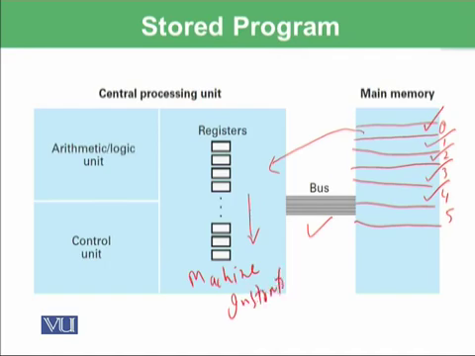That machine instruction is then decoded to understand what this program actually wants to do. The first instruction was to get the data from RAM. The data would be somewhere here, for example at position 100. This instruction will fetch this data to one of the registers, and so on.